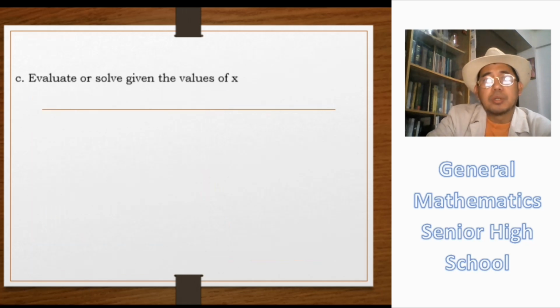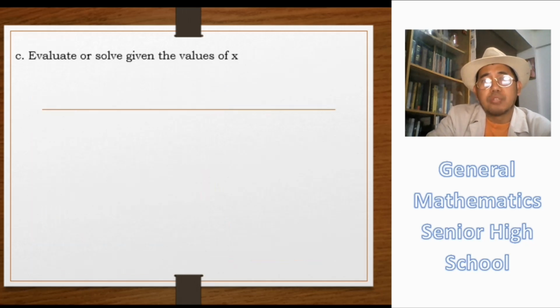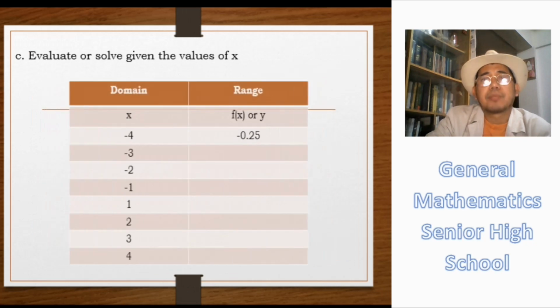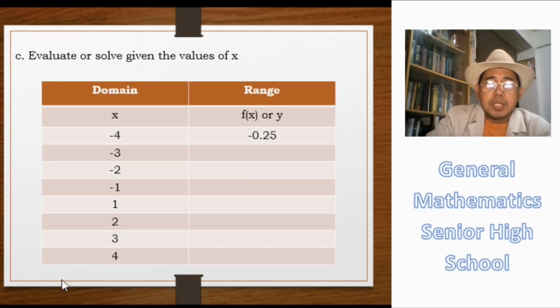Let's consider continuing the evaluation of some values of x. So you will notice that if I have negative 4 again, it will give me a result of negative 0.25. What about if my x is negative 3? What would be the value of f of x? It will give me a result of negative 0.33.